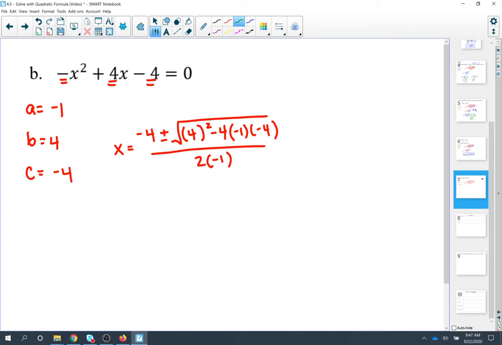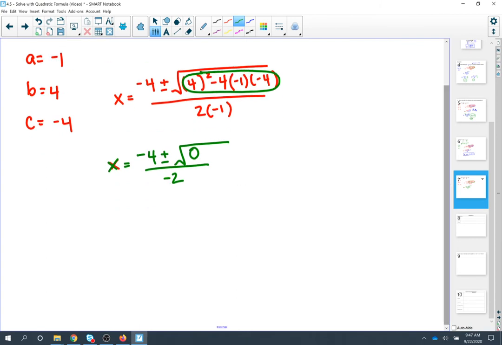We're going to simplify this. X equals negative 4 plus or minus, put your square root, but make it shorter. So in your calculator, 4 in parentheses squared minus 4 times negative 1 times negative 4, which is 0, all over 2 times negative 1, negative 2.